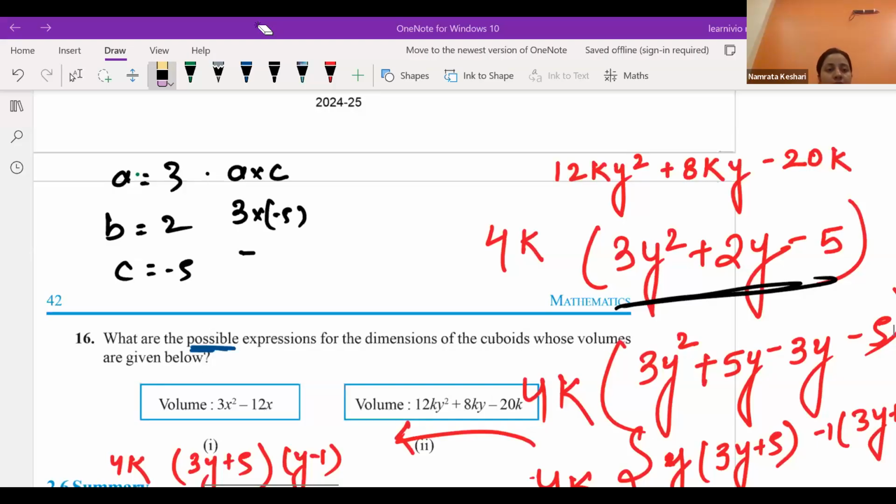Then polynomial, and that geometry thing. Then coordinate geometry. Yes, ma'am. Okay.